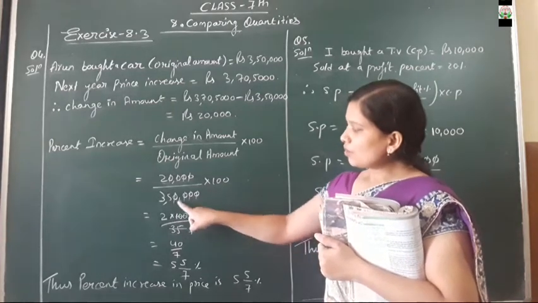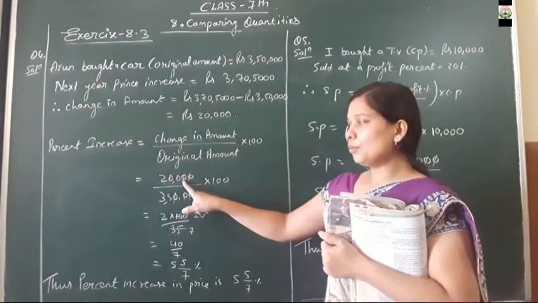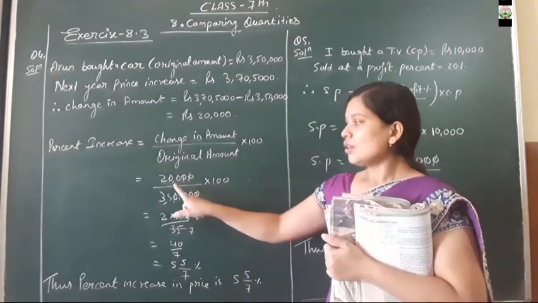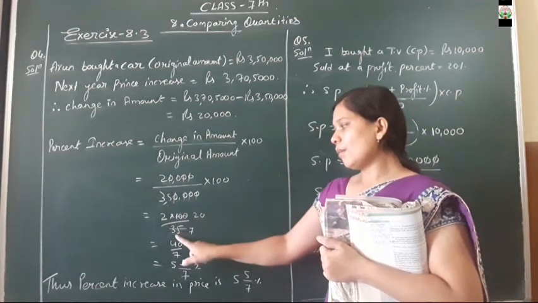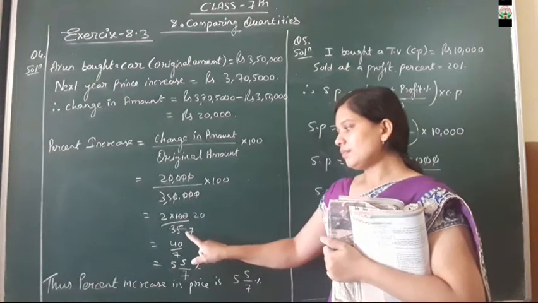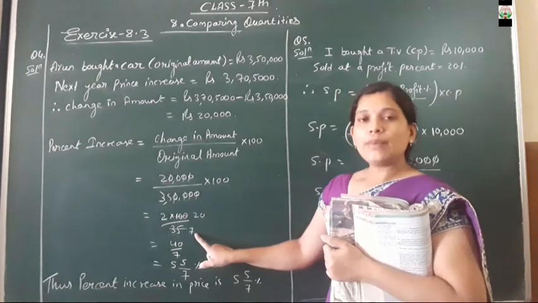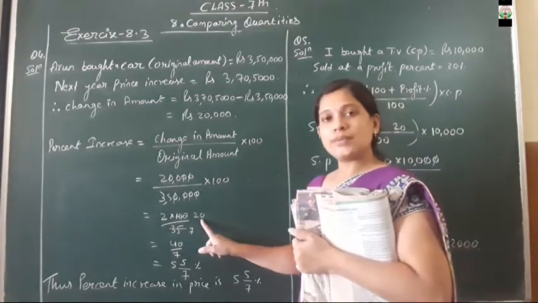While doing the calculation, the 4 zeros in the denominator and the 4 zeros in the numerator will get cancelled. So what number is left? 2 into 100 upon 35. 35 comes in the table of 5, 7 times, and 100 comes in the table of 5, 20 times.